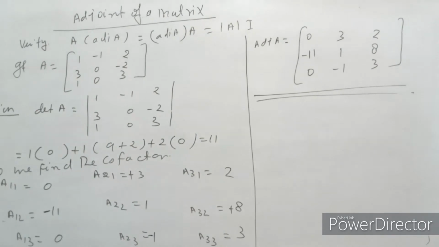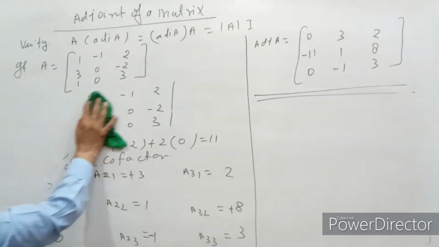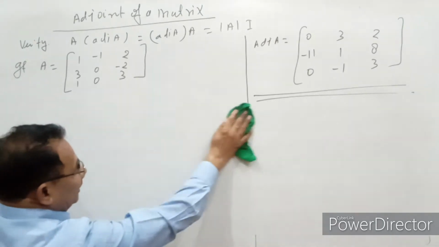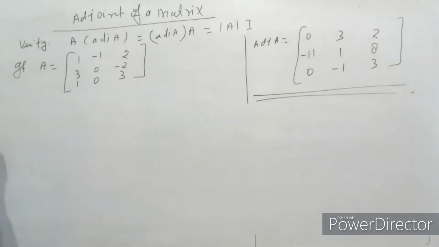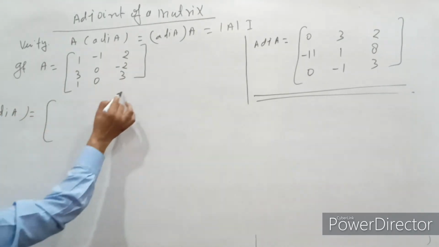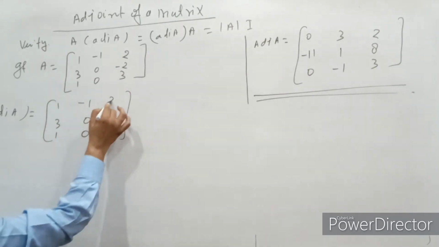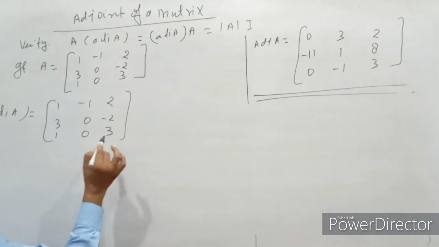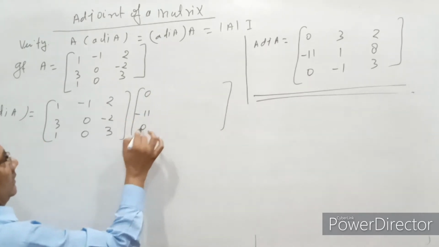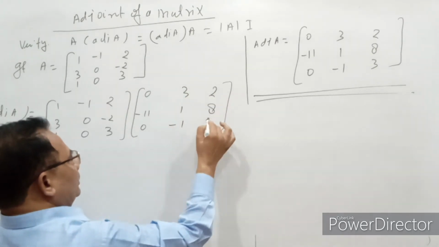Now we find that det A हमारा 11 है. Now we find this A into adjoint of A. अगर हम दोनों मैट्रिक्स की मल्टीप्लाई करें, तो we get here A into adjoint of A is equal to, that is 1 3 1, -1 0 0, or 2 -2, or 3, or that is adjoint of A 0 -11 0, or 3 1 -1 2 8 and 3.